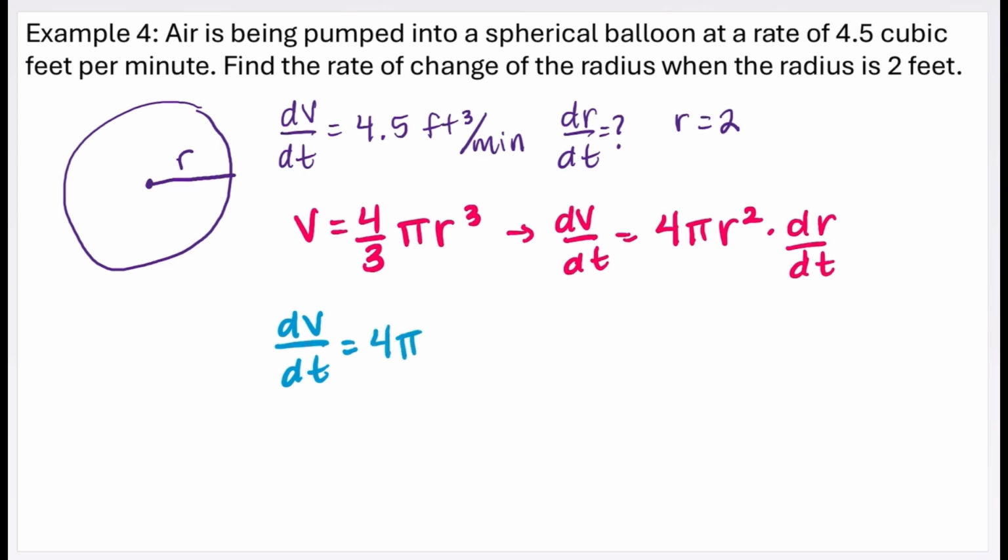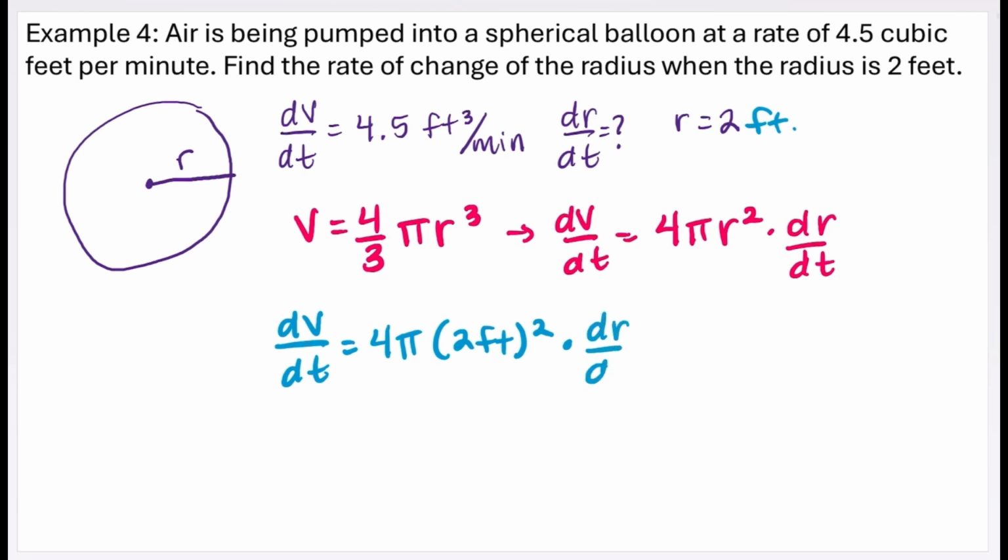R is going to be 2 feet. I didn't put units on that. So R is going to be 2 feet, and I'm squaring that. And then I'm multiplying that by 4. Oh, no, I already know. Hang on. I already know dV/dt. I don't know dr/dt.